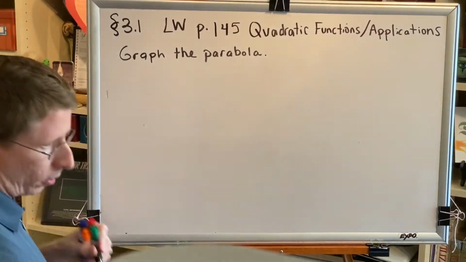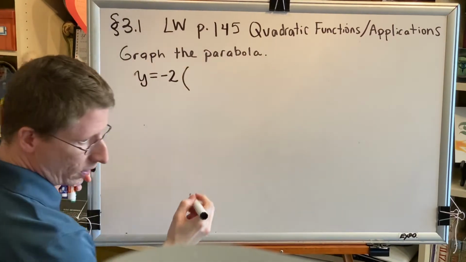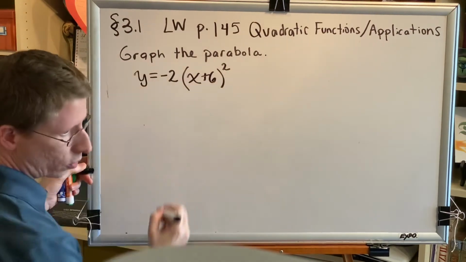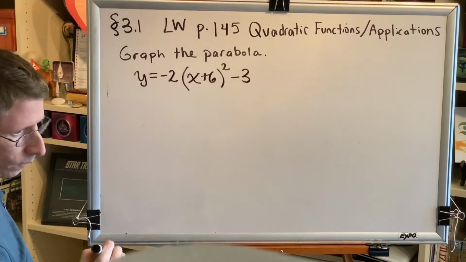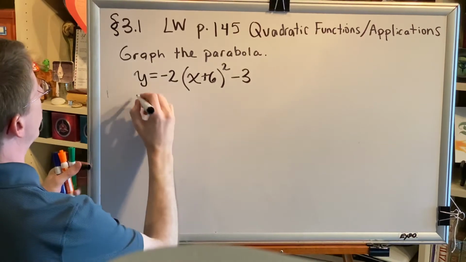All right, graph the parabola. y equals negative 2(x plus 6) squared minus 3. All right, so the first thing we're going to do is identify a, h, and k.